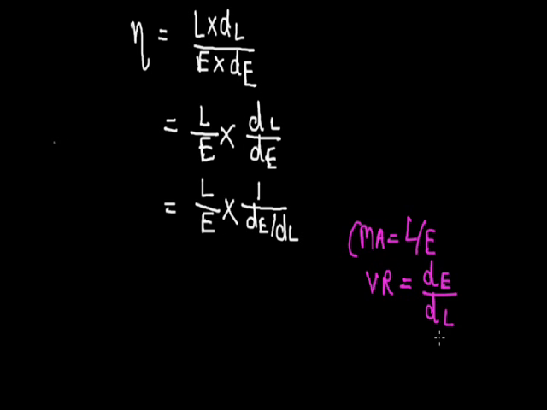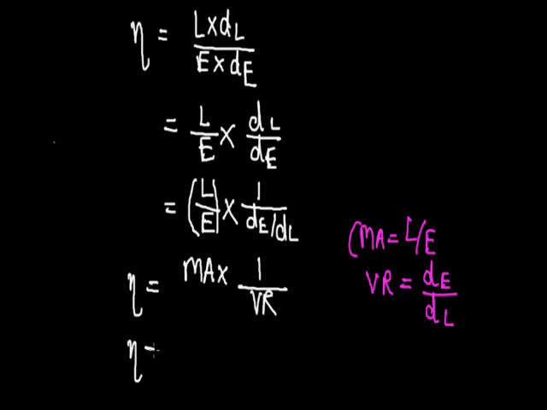So we can put the value of mechanical advantage and velocity ratio in the expression of eta. So eta becomes, since L by E is mechanical advantage, we can put here MA into 1 by displacement of effort upon displacement of load, means VR. So here we get eta equals mechanical advantage upon velocity ratio. This is the formula of efficiency in terms of mechanical advantage and velocity ratio.